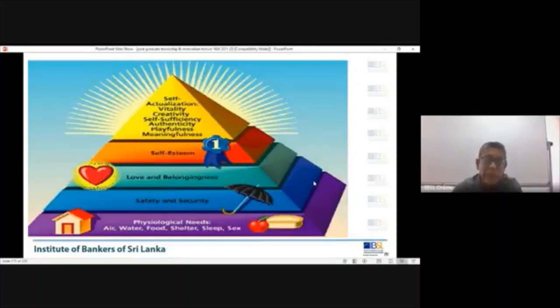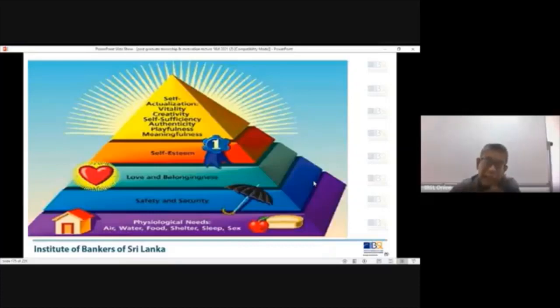Now the issue is what Maslow said. First, a human being goes for physiological needs. Without satisfying the physiological needs, they are not moving to the safety needs. Without satisfying safety needs, people are not going to the next level of need. Before satisfying love or belongingness, people are not moving to self-esteem needs.